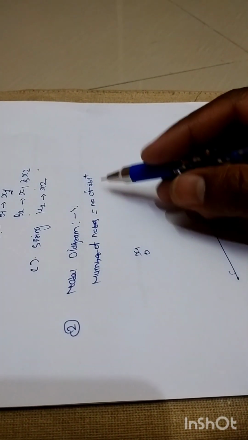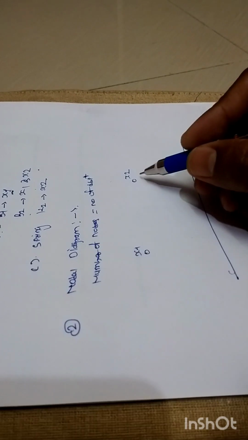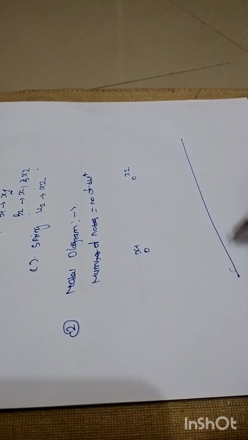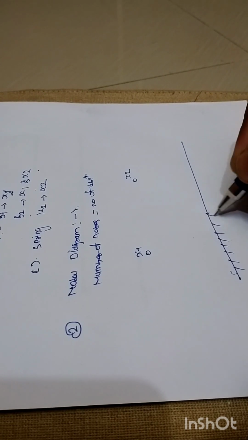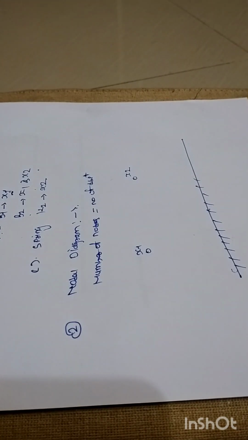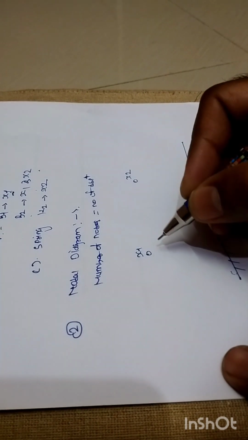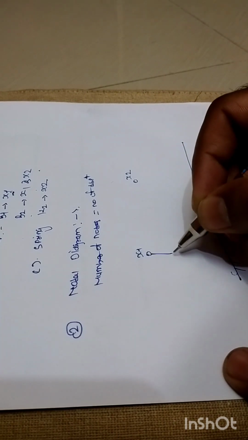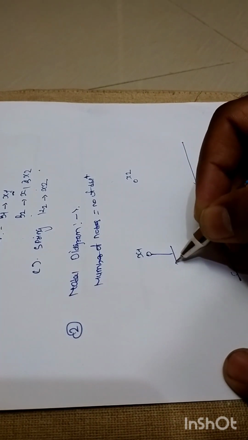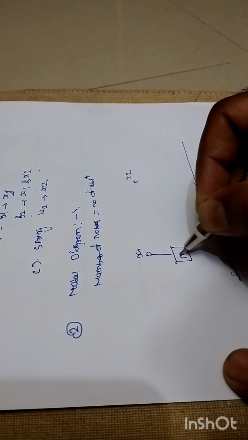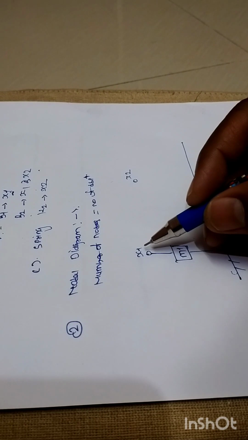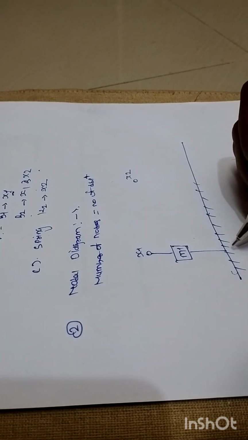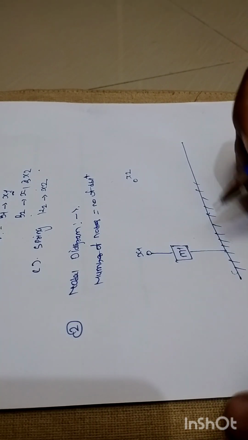So the number of nodes equals the number of displacements. x1 and x2 are the two displacements, and this horizontal line represents the reference axis or the ground axis, right? First of all we need to include mass number 1. It is represented in this way, connected between displacement number 1 and the ground surface, right?